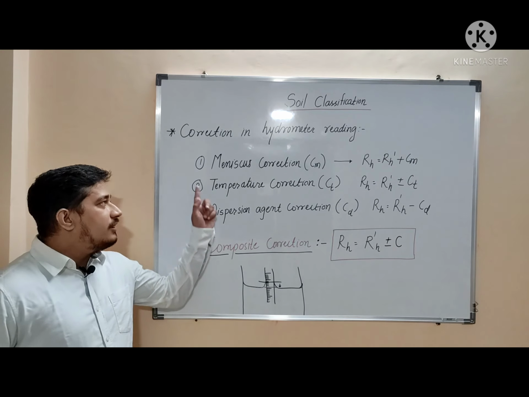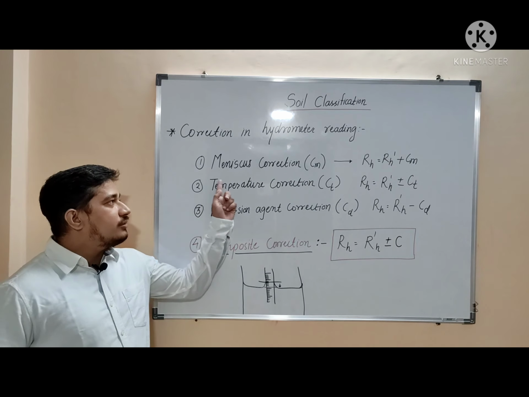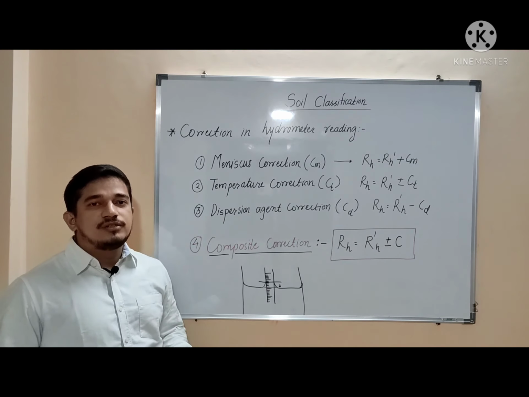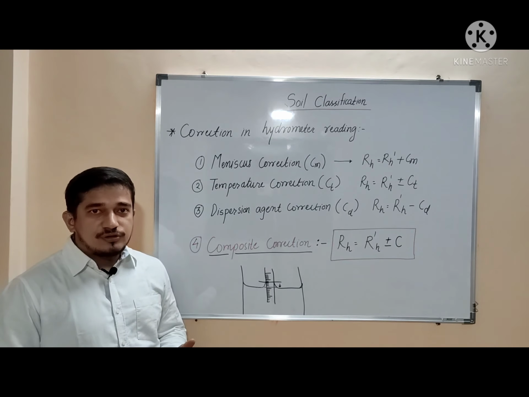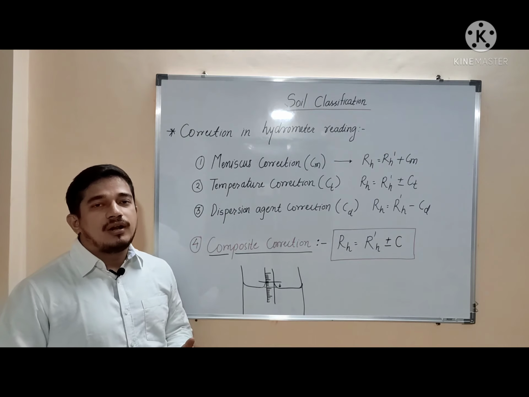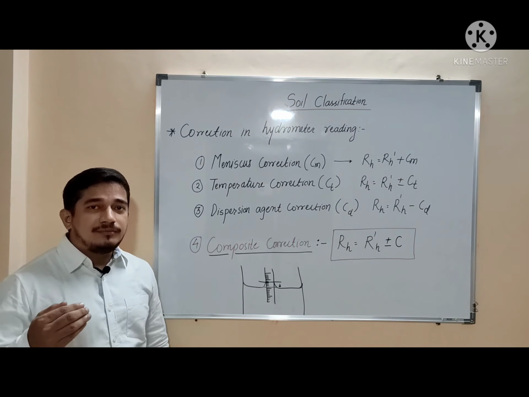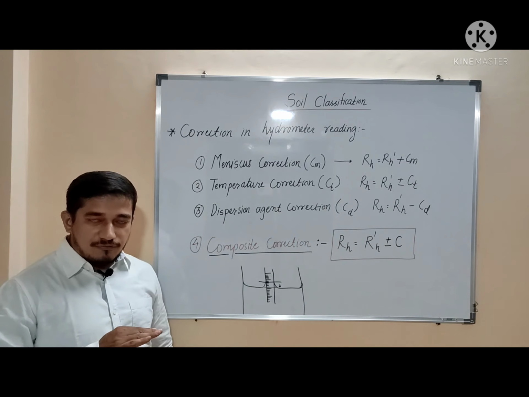The first correction is meniscus correction. As we know, the soil suspension is opaque because the soil suspension is nothing but the addition of soil particles plus water and dispersion agent. It is opaque, so we cannot take the reading at the level of the free surface.